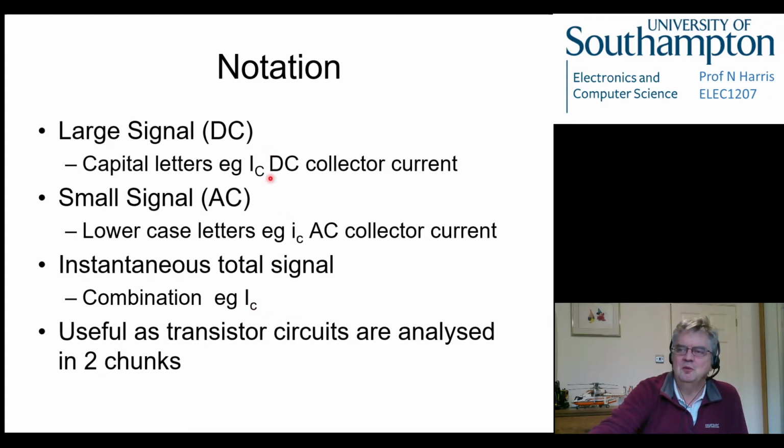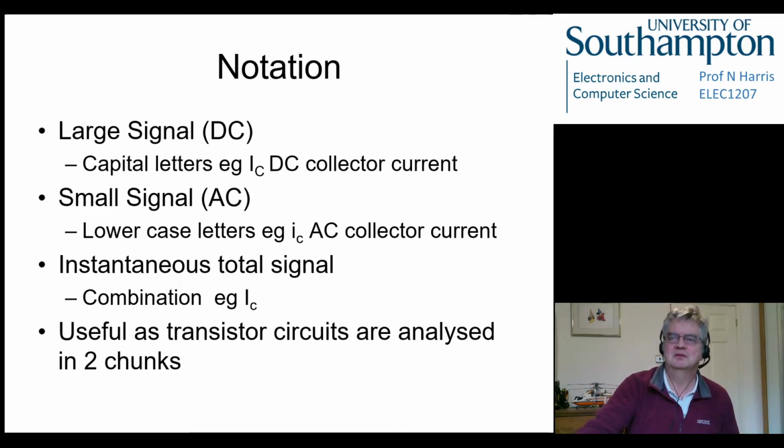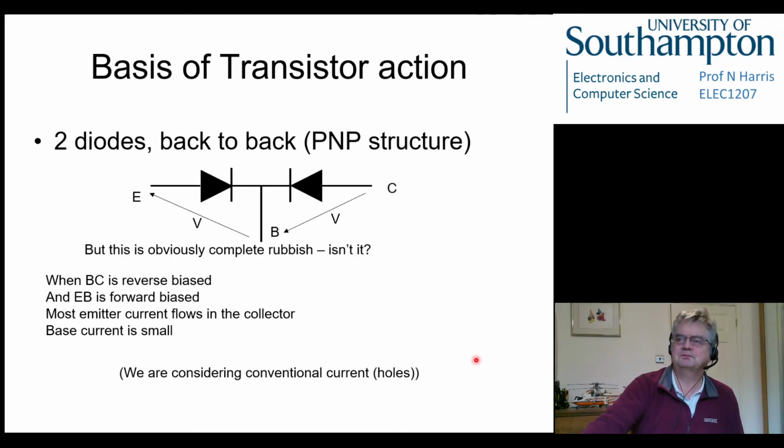So we just have to be aware that the capitalization of voltages and currents in these types of circuits is important. This is useful because we extend the idea of superposition and we analyze transistor circuits in two chunks, a DC chunk and an AC chunk, and the reason for that becomes apparent as we go forward as well. So it's unfortunate we have to hold a lot of these ideas in our minds before we can actually get on to looking at how these transistors work.